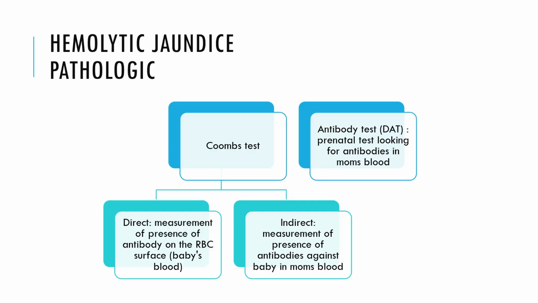So the direct Coombs test is a measurement of presence of antibodies on the red blood cell surface of the baby's blood. So we do a Coombs test on baby's blood, and a positive result means that baby's blood has antibodies against their own Rh or ABO antigens, against their own blood type. So that's not good because then we're going to have hemolysis.